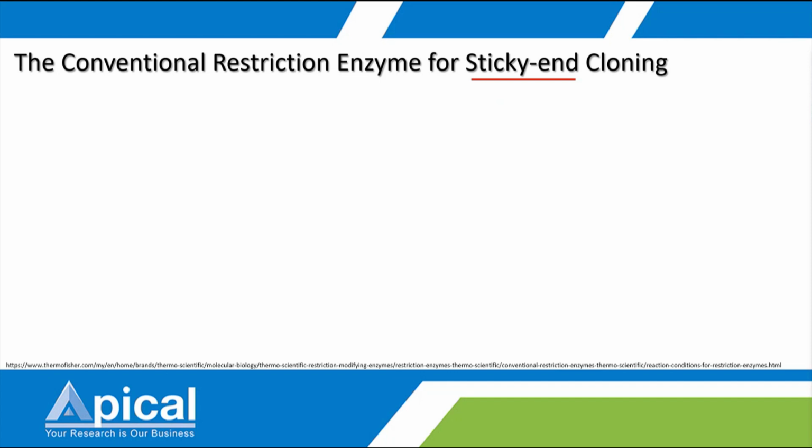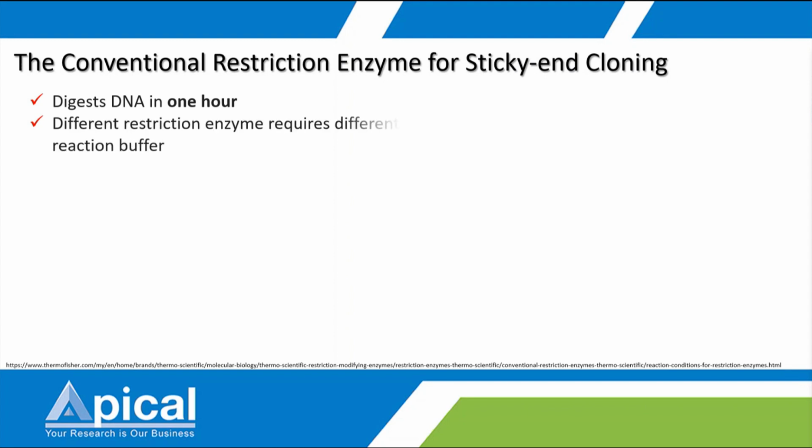A conventional RE usually takes 1 hour to complete the digestion, and different REs will require different reaction buffers. That means if you perform a multiple digestion using 2 or more REs, you may need to optimize the condition of the buffer, or you may need to choose one buffer that is suitable for both REs, but with some give and take in the digestion efficiency.